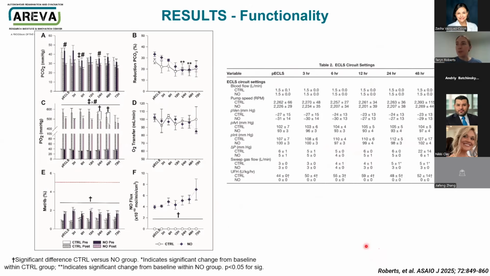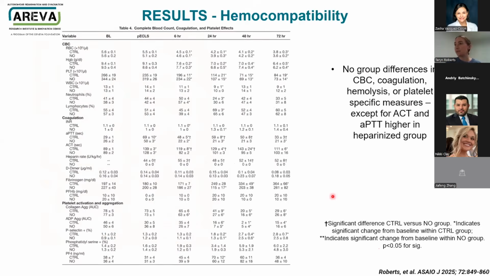With respect to functionality, we didn't see any effect of the sweep gas nitric oxide on oxygenation, oxygen transfer, or carbon dioxide removal. This is the nitric oxide flux across the oxygenator over time. We don't see a difference in the pump speed, the RPMs, or the circuit pressures between groups as well.